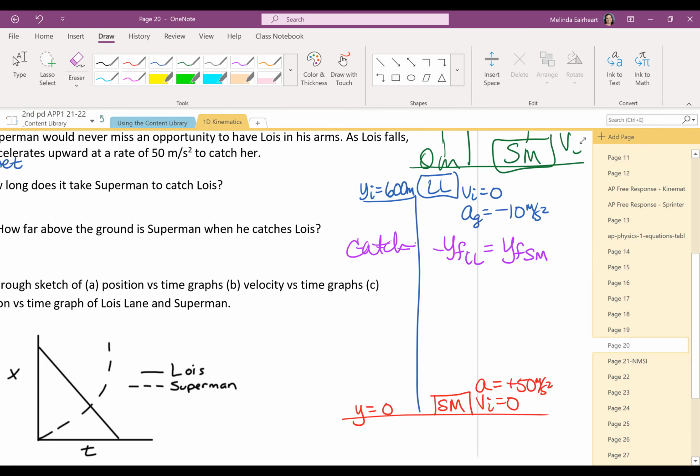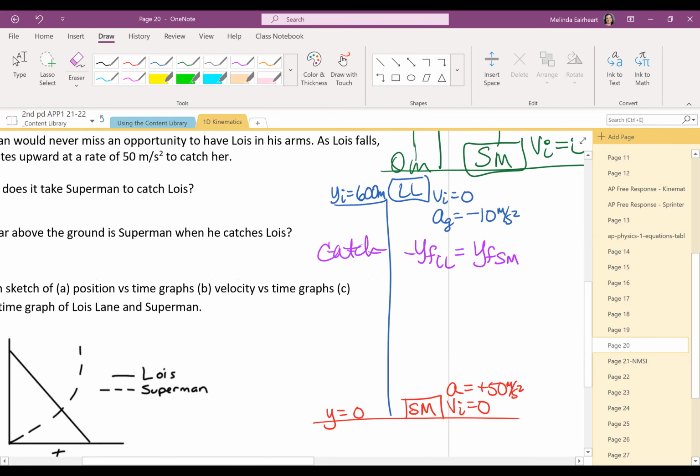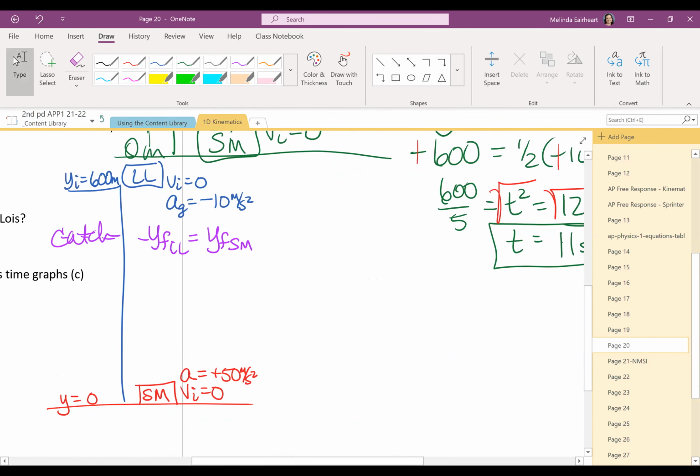Okay. And you have to recognize that in order to solve for time, because you've got to know something about position. And so to solve for time, I'm going to slide over. If you start with that statement, final Lois equals final Superman, and I'm sorry, I'm going to go quick. We don't know final velocity, so I'm going to use the second equation. Now, I'm going to substitute the second equation in for both of them.